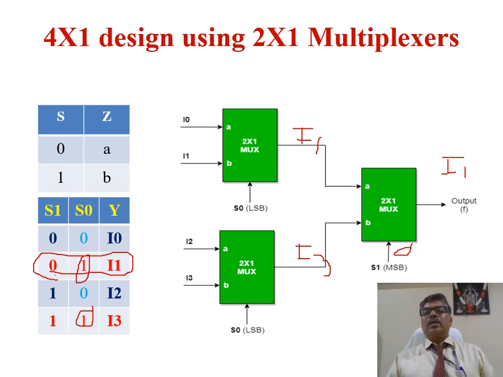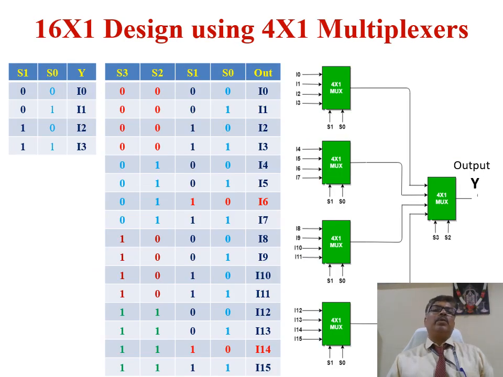In the same manner, if you go with a 16 by 1 multiplexer using 4 by 1 multiplexers, we should know the truth tables of a 4 by 1 multiplexer and a 16 by 1 multiplexer. Now we have to divide these total 16 inputs into 4 different groups: I0 to I3, I4 to I7, I8 to I11, I12 to I15.